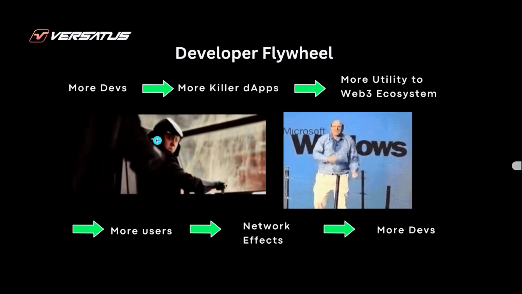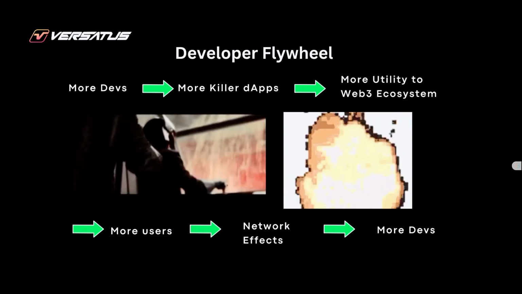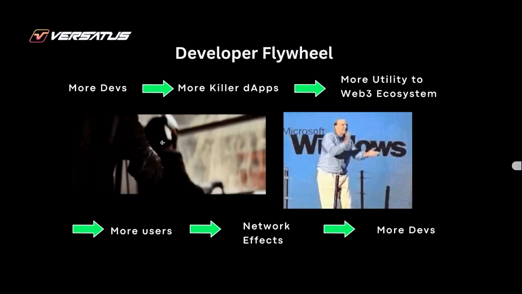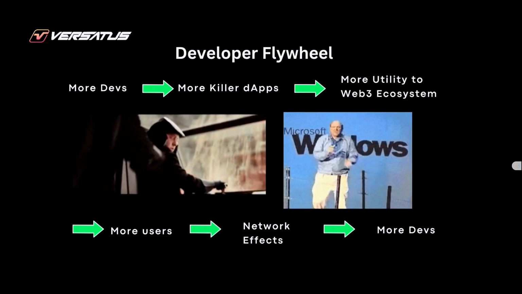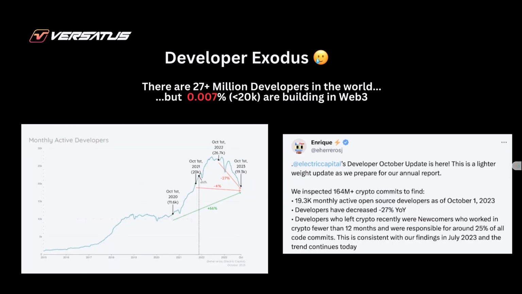The problem I've noticed is that a lot of times projects only focus on the ways that we can improve our product, but that alone won't be able to sustain your users, right? As you can see in the previous slide, there are dApps that are considered killer dApps in different ecosystems, but in terms of users and especially developers, there is a dwindling amount of them.